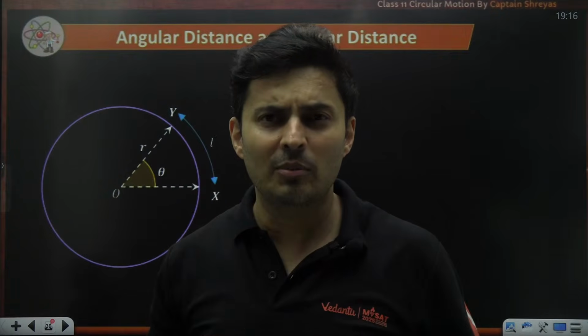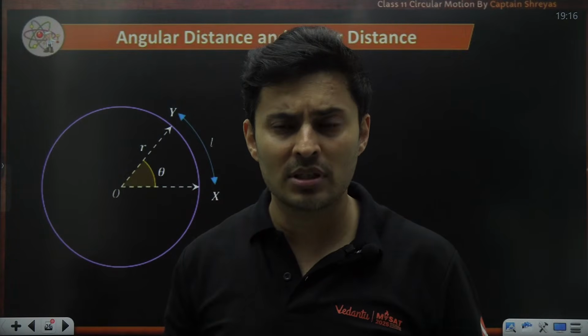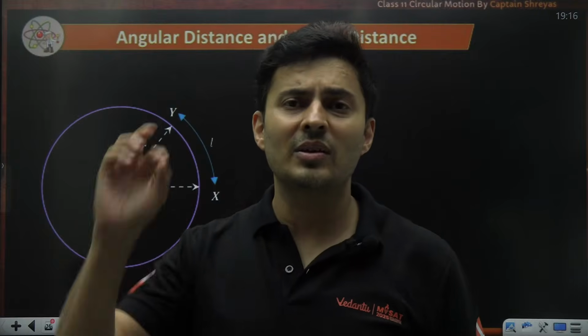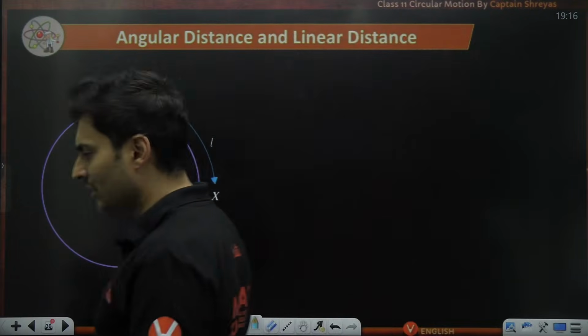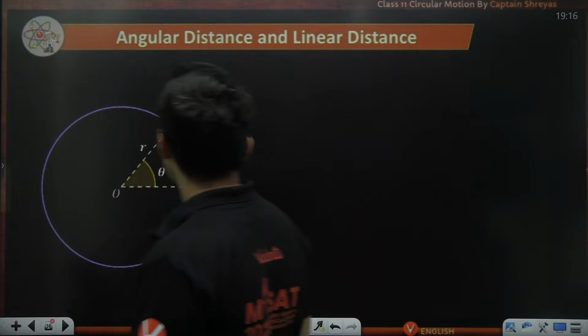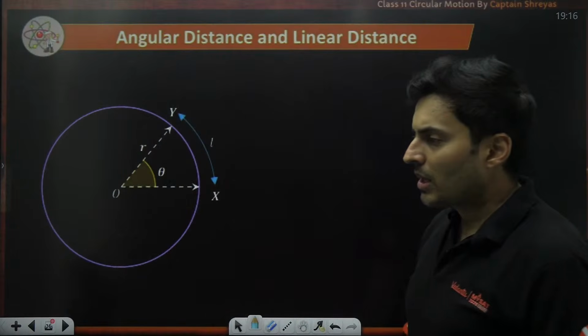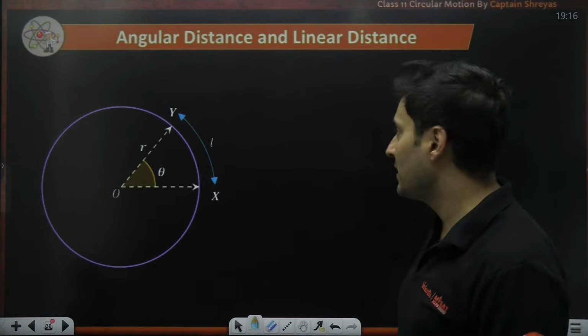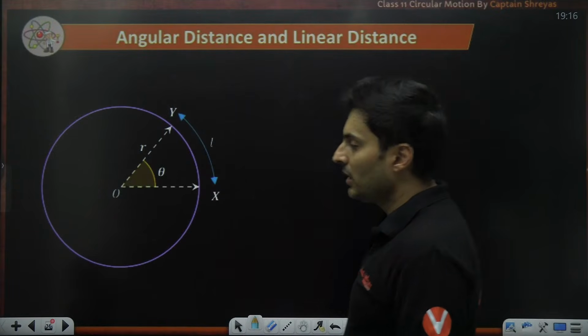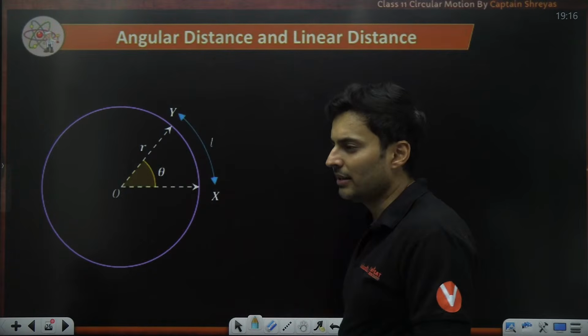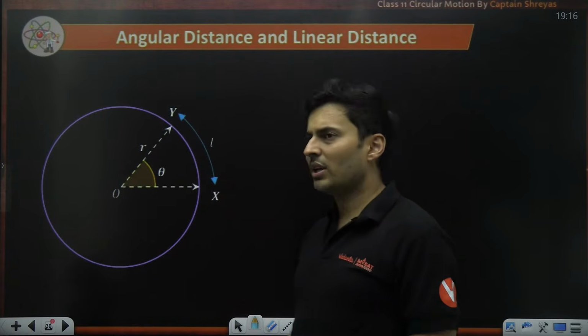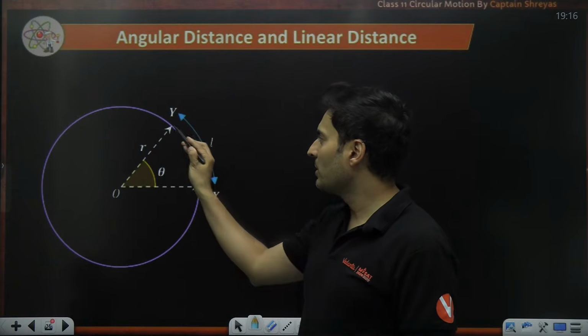Remember, today we are not talking about masses. We are not talking about forces. We are just focusing on accelerations, velocities, and displacements. Nothing else. Now, let's talk about linear distance and your angular displacement. How are they related? Say, for example, one particle goes from here to here.